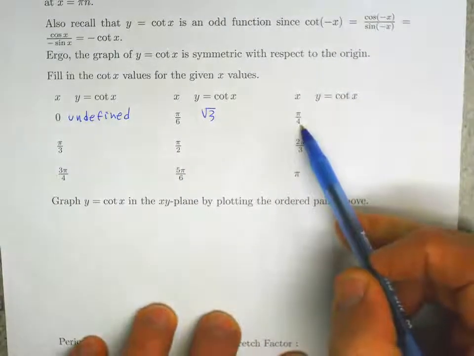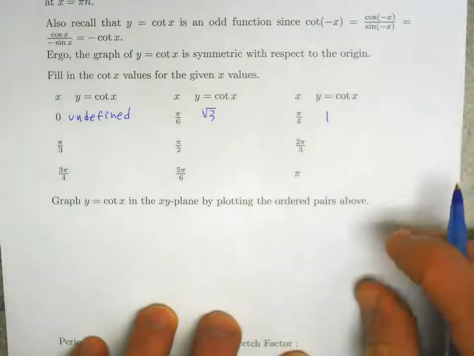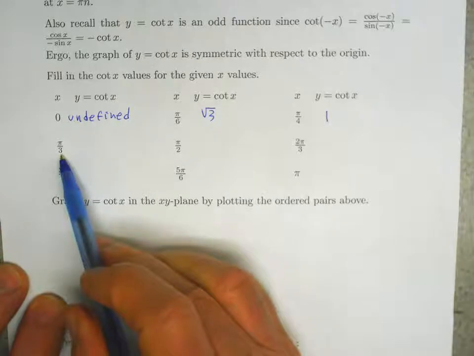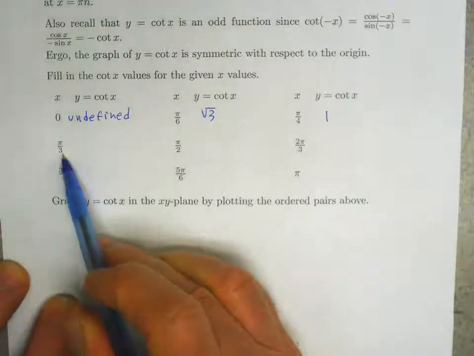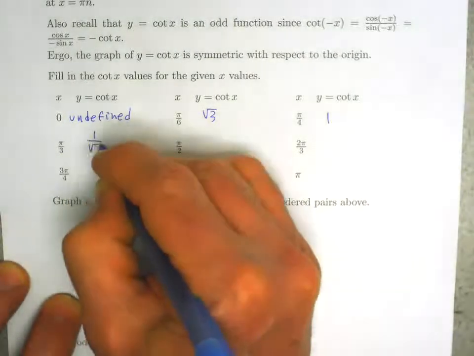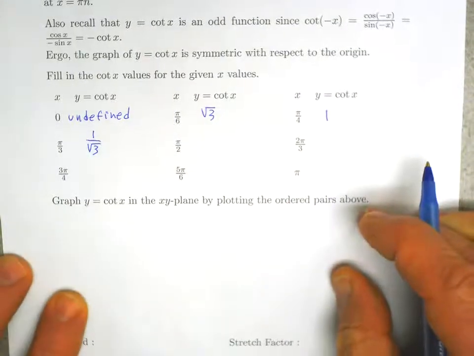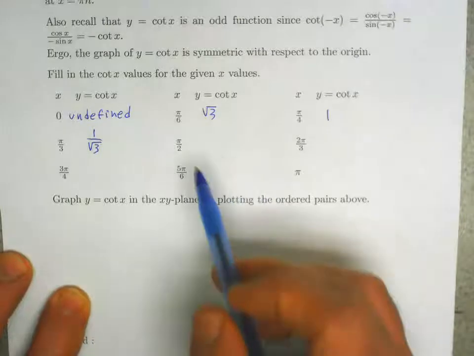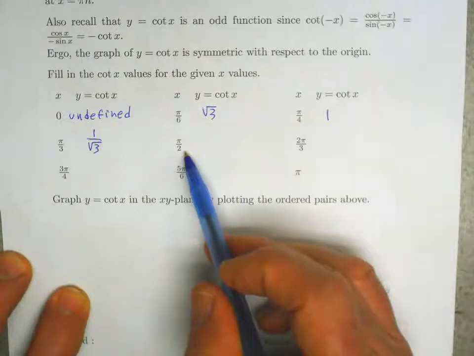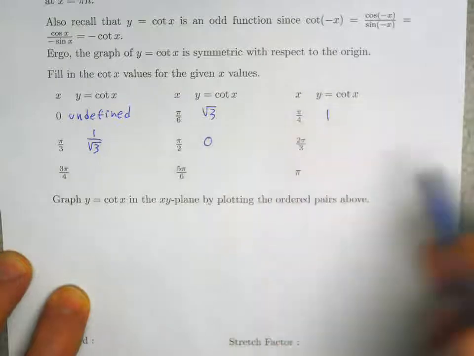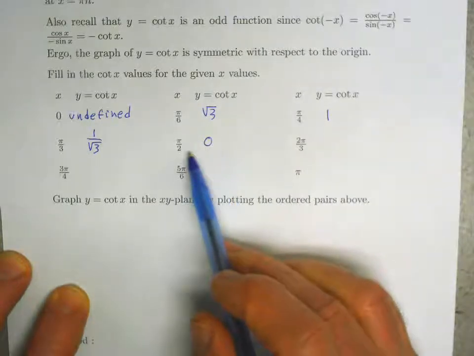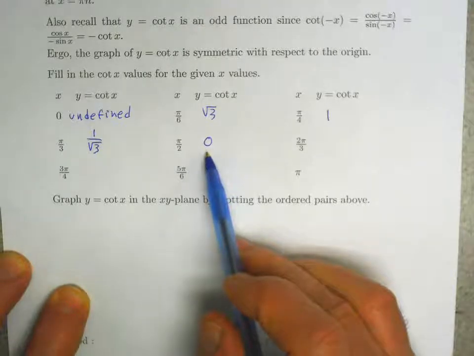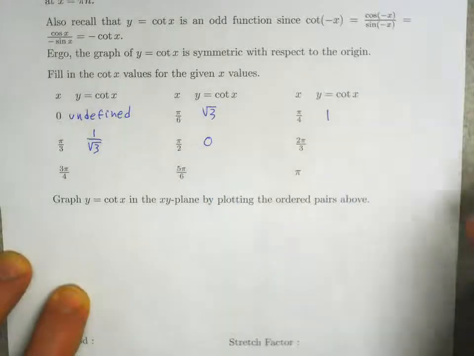Cotangent of pi over 4 is positive 1. Cotangent of pi over 3 is 1 over the square root of 3. Cotangent of pi over 2 is 0 because in the numerator, cosine of pi over 2 is 0. In the denominator, sine of pi over 2 is 1. 0 divided by 1 is 0.